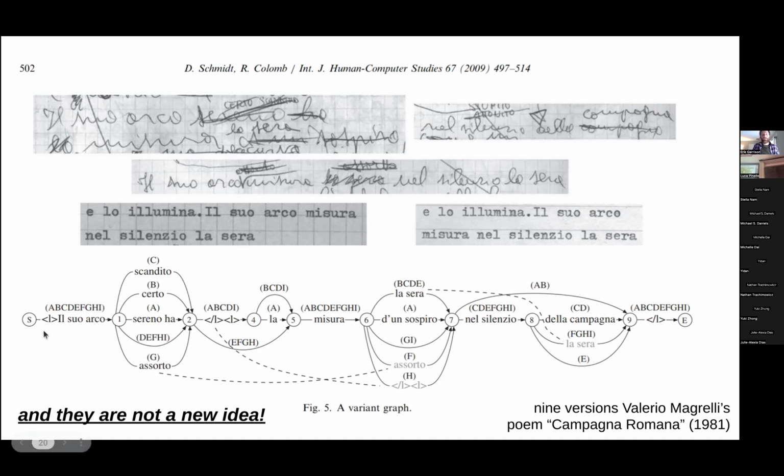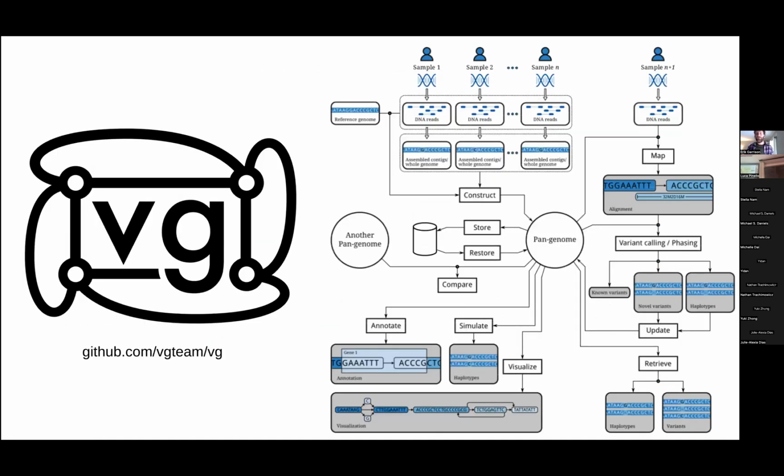And we see that this is discussing the arc of the bow of a violin. The word measure is obviously very important. Reference to silence in the country, those are key things. And we can see this in a way that's very easy, but it would be very hard if we had to pairwise align 9 versions of the poem to each other. So it's an idea that's been out there and is, I think, actively being used in other fields.